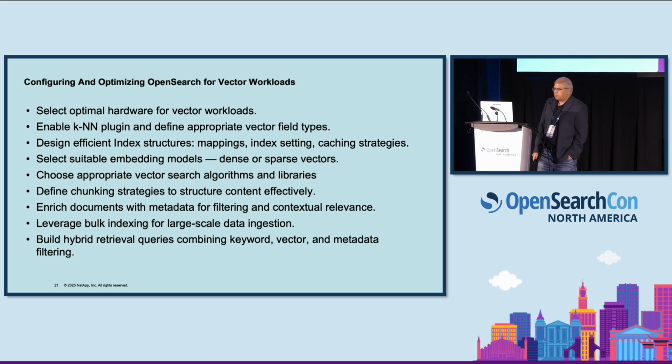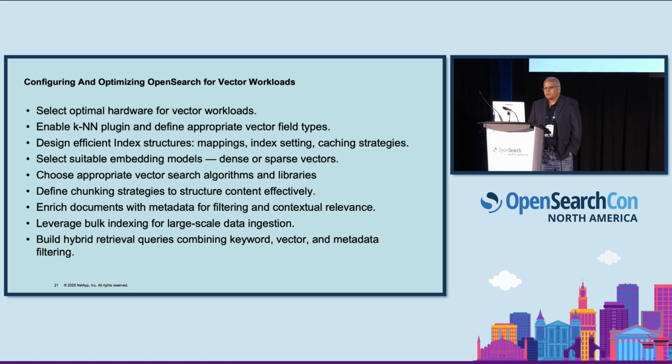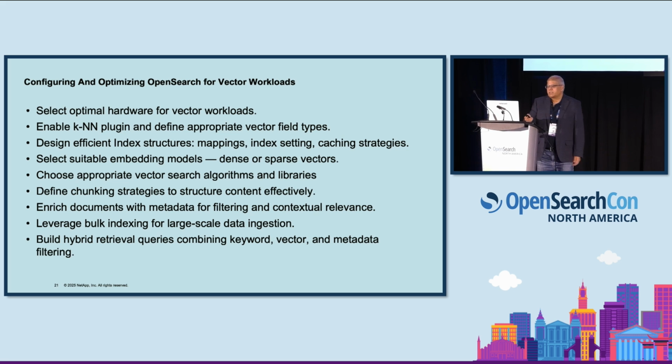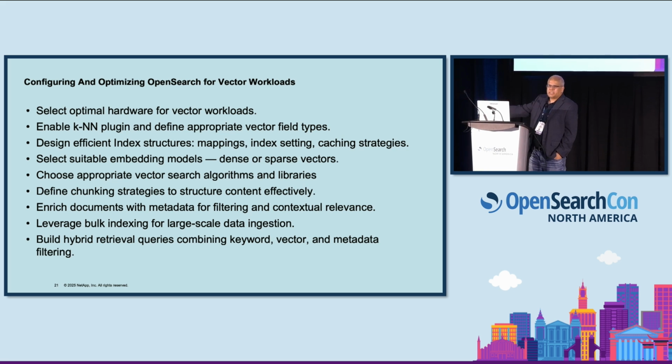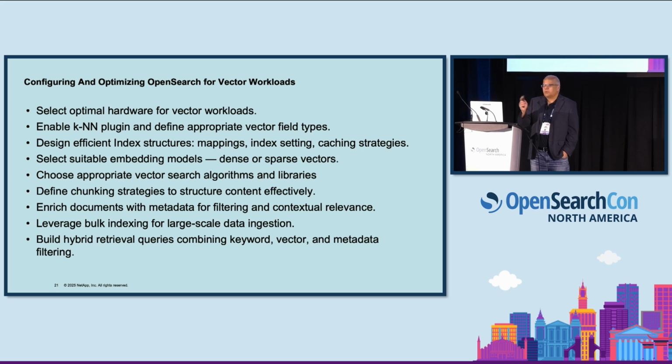Enrich documents with metadata filtering and contextual relevance. Leverage bulk indexing. Build hybrid retrieval queries combining keywords, vectors, and metadata. For each of these, there are additional details in the appendix, and you will have a copy of that. If you have any other questions, you can contact us, and we can provide those.